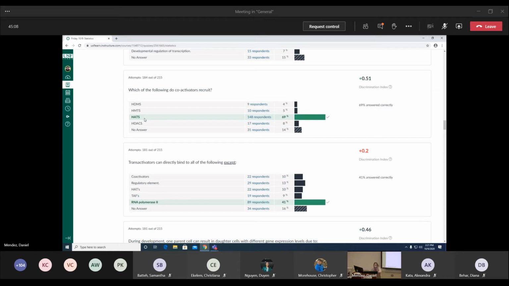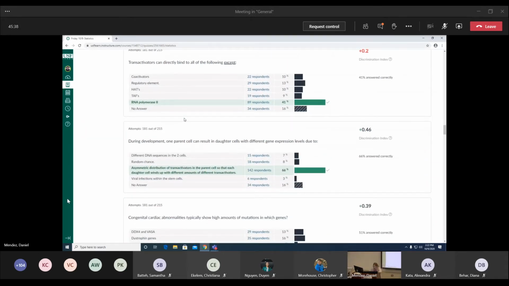To get that, we need HATs adding acetyl groups onto the histones so that they lose their positive charge and don't interact as closely with the negatively charged DNA. So it has to be a HAT. And then co-repressors recruit HDACs, because HDACs remove those acetyl groups, regain the positive charge, and interact closely with the negatively charged DNA.